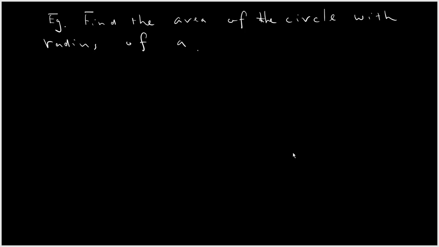Again, you imagine you do not know pi r squared, pi a squared in this particular case, but you know calculus. We can use calculus to easily get the area of the circle. Okay. Now the solution.